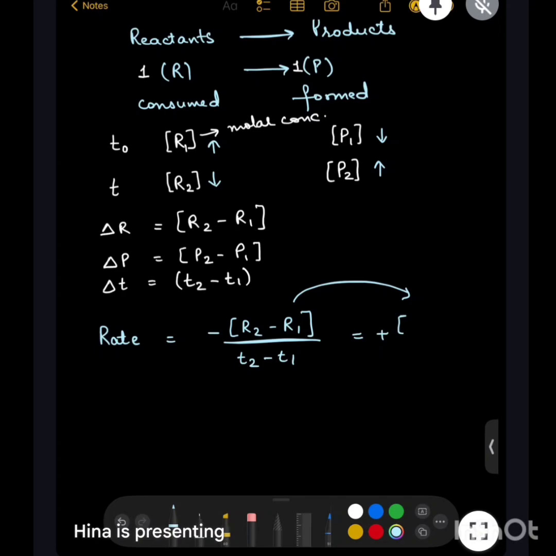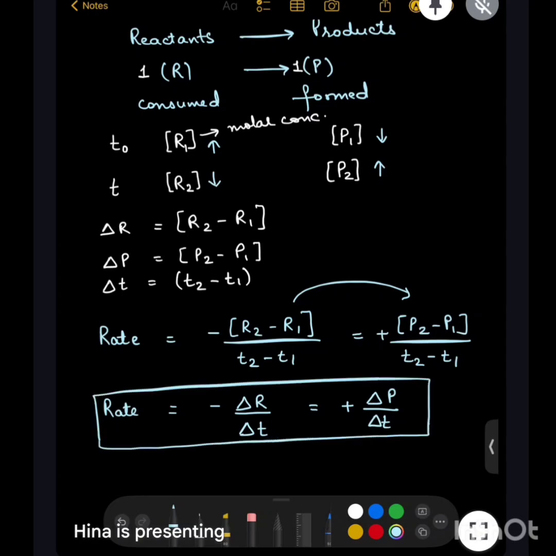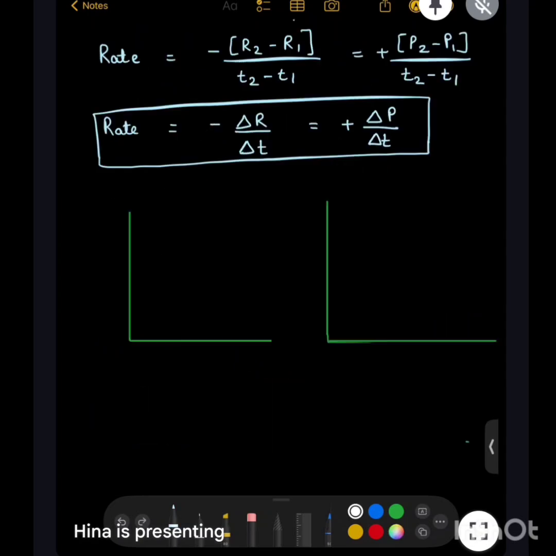So it will be written as P2 minus P1 with change in time. So we can write in short notation minus delta R upon delta T, which is also equal to positive delta P over delta T. So this is the formula for the rate of chemical reaction.